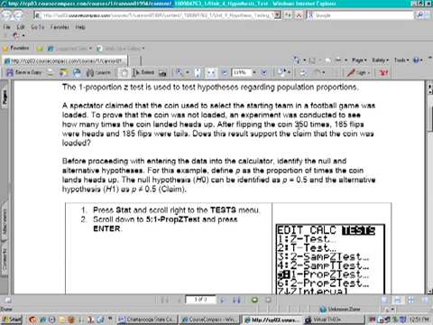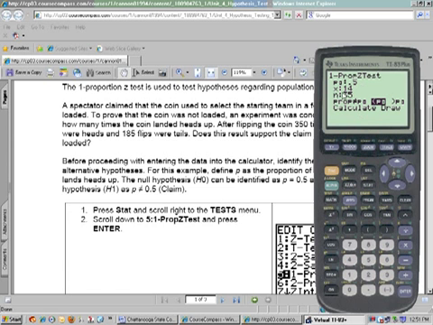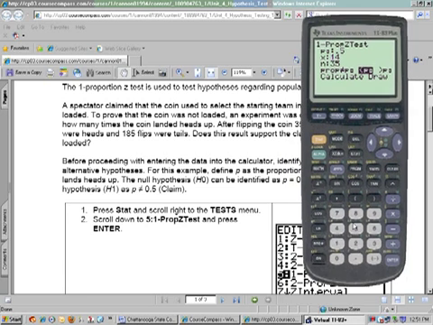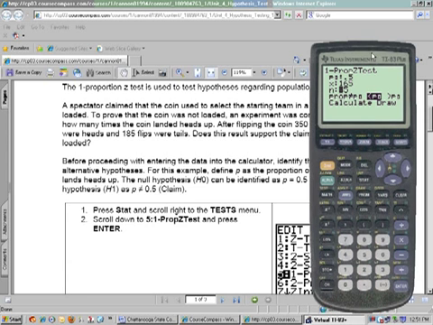So that's 350. That's the N. Our X is going to be the number of times that it landed heads up. So that's 185. So in our calculator, X is 185. No, I'm sorry. What is it? 165. And the total number will be 350.